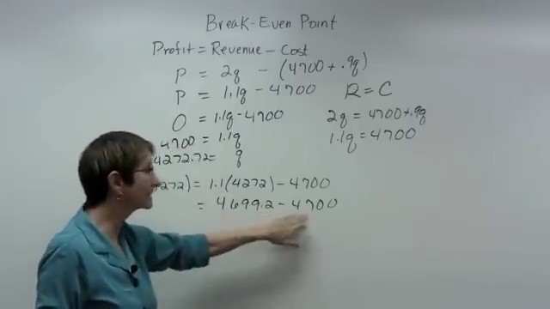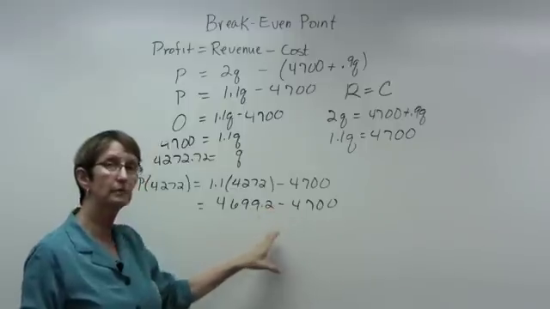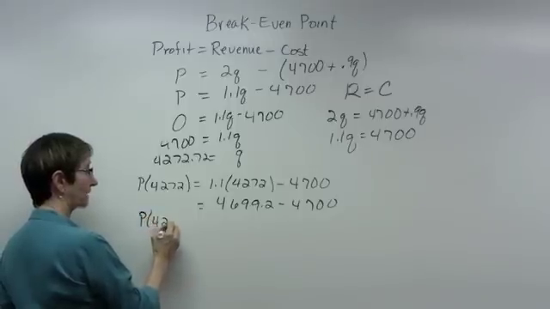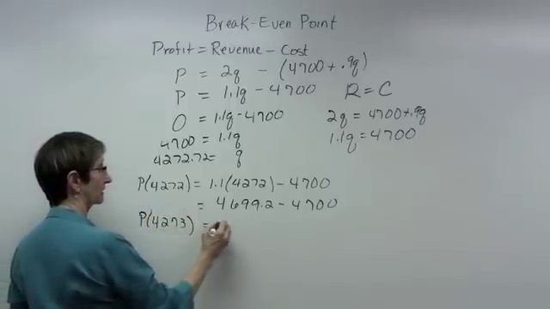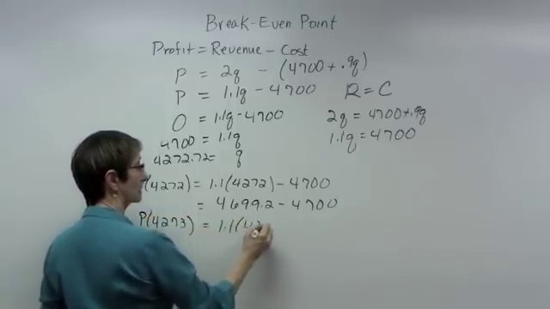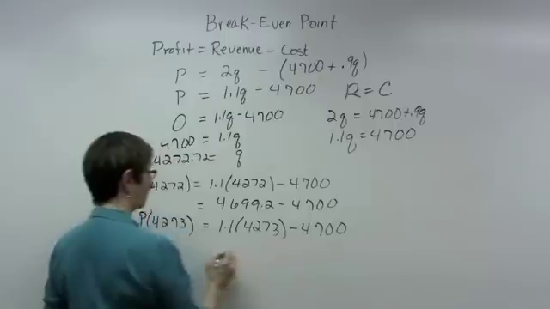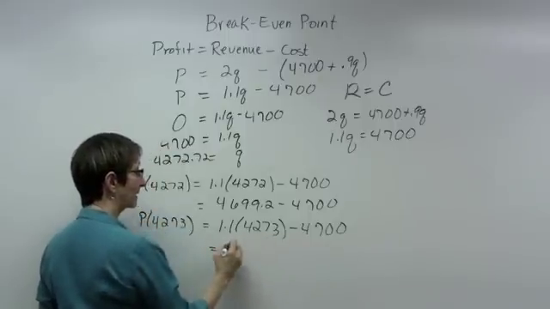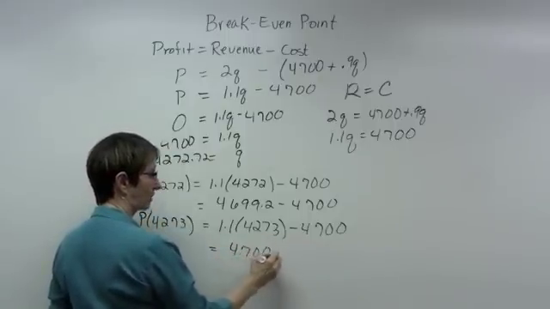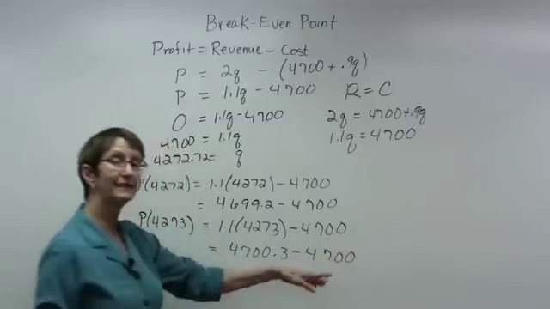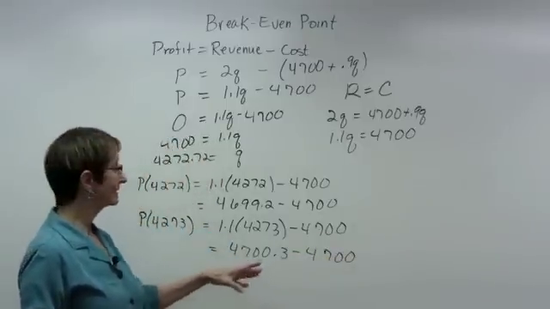This is still going to give us a little bit of a loss, not much, but a little bit. So let's see what happens if we use the higher value, 4,273. If I put 73 in here, when I multiply this out, it's not a whole lot of difference, but it is bigger than 4,700.